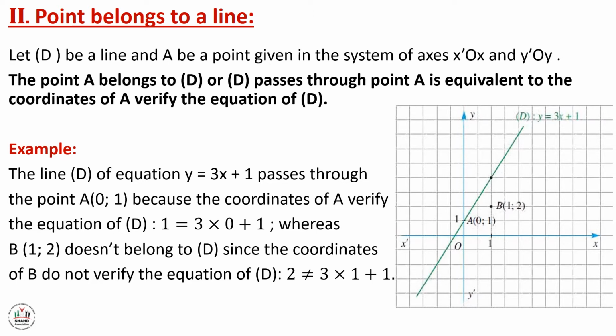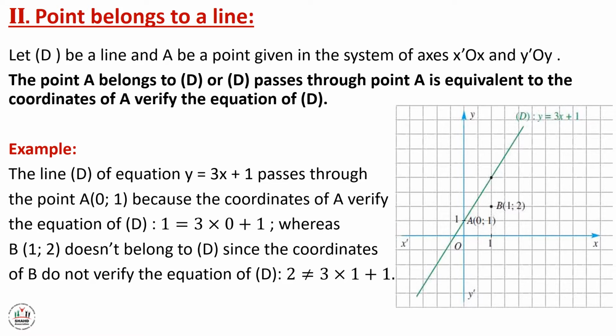So if we substitute the coordinates of point A in the given equation of line D, then the equation must be true. So let's substitute these coordinates. The ordinate of point A is equal to 1, so we substitute y by 1, and the abscissa of point A is equal to 0, so we substitute x by 0.